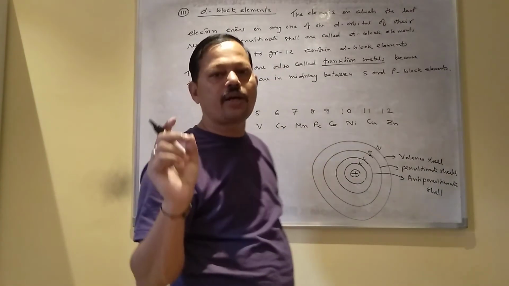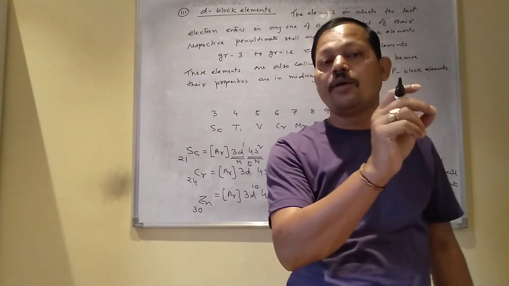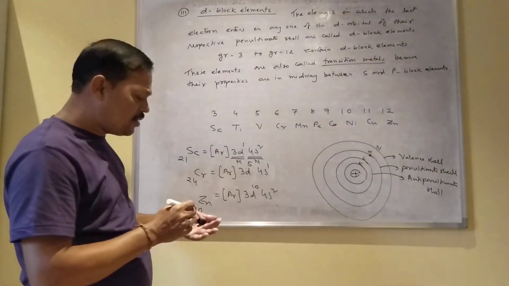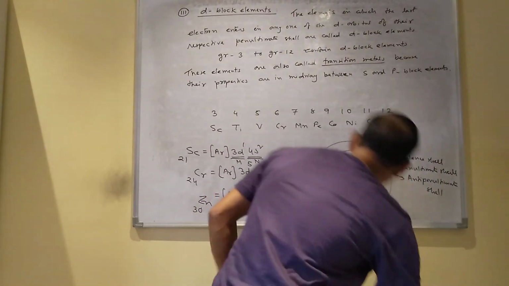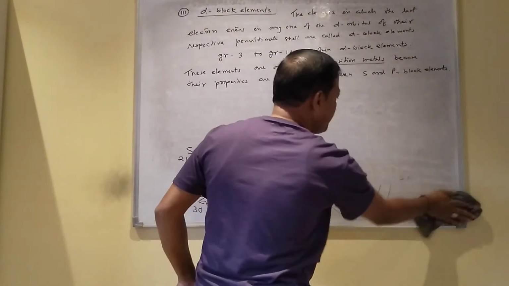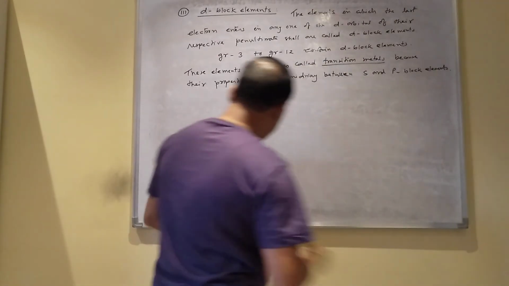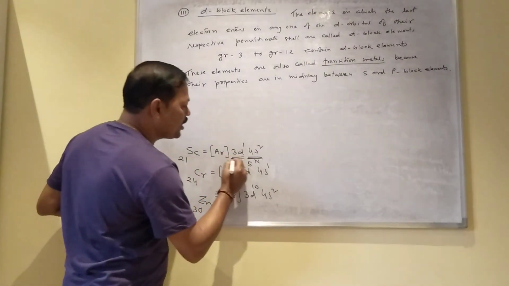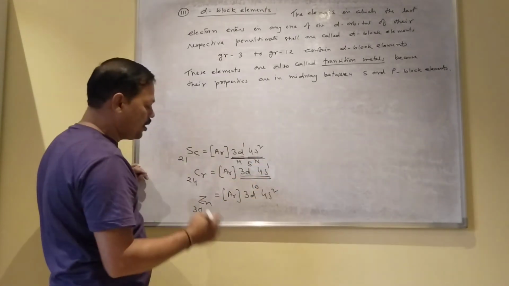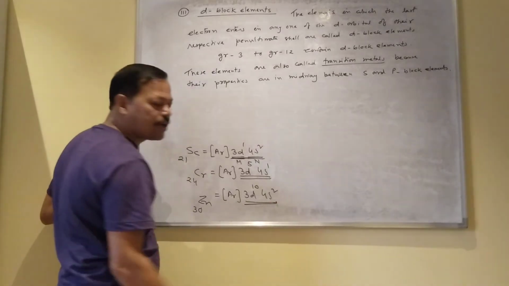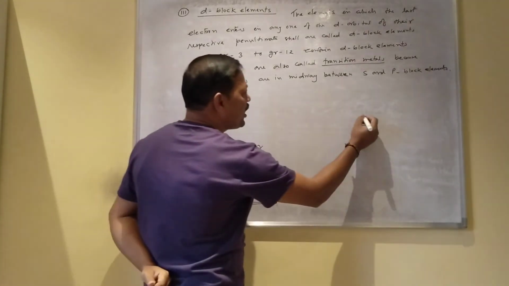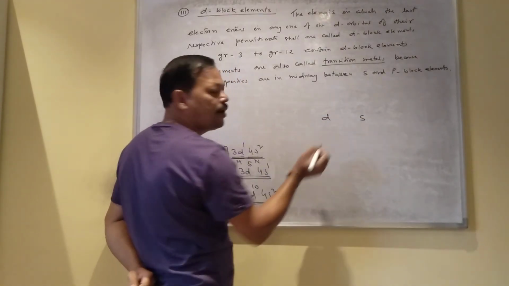So in case of d block elements, the last electron does not enter the valence cell, it always enters the penultimate cell. When you write the valence cell electronic configuration of these elements, for scandium you write 3d1 4s2, for chromium 3d5 4s1, and for zinc 3d10 4s2. So in the general electronic configuration, they contain one s and one d orbital.